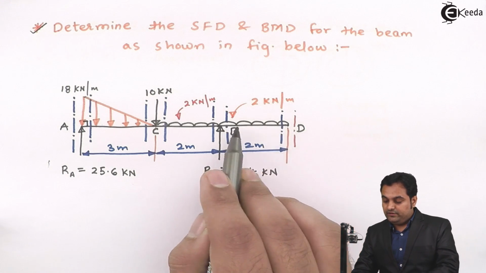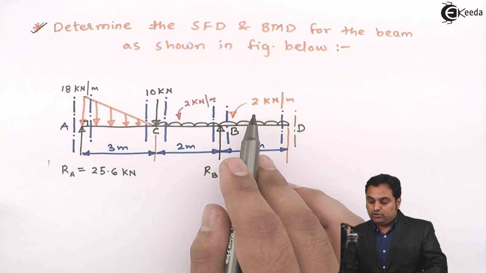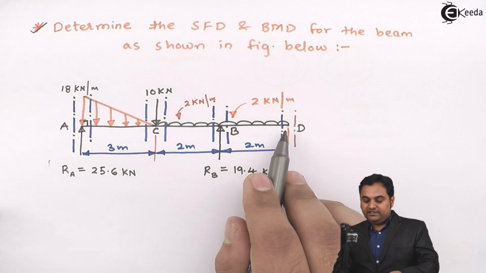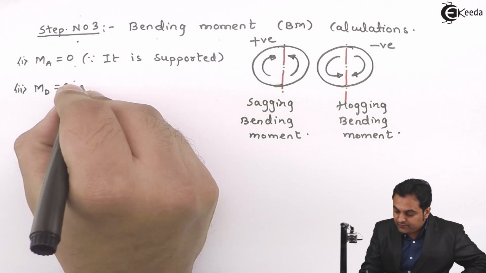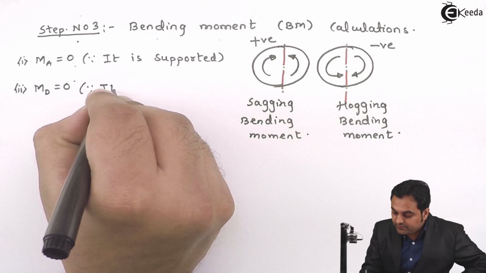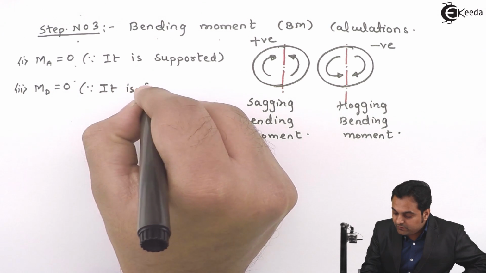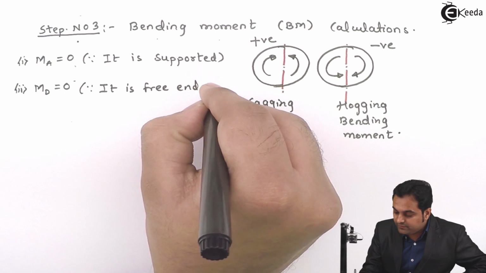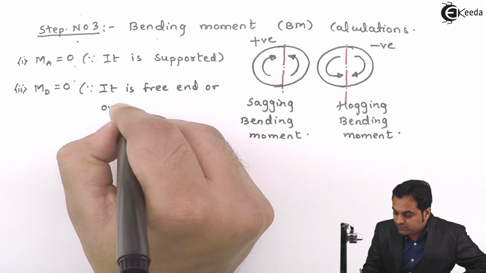So there will be moment produced because of this load and distance. So moment at B will not be 0 but at D it is 0 since it is a free end, or we can say overhanging.